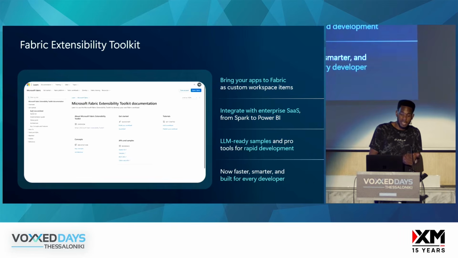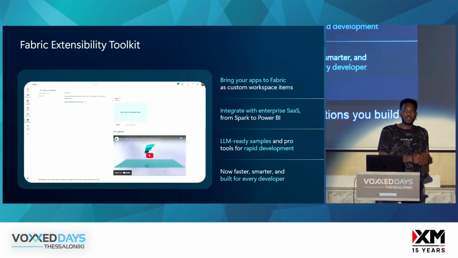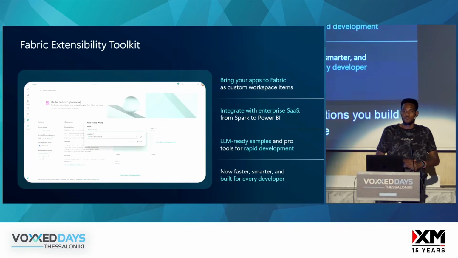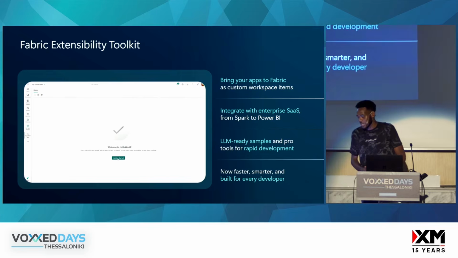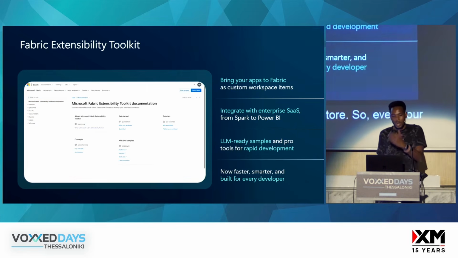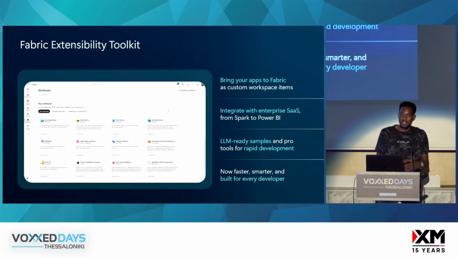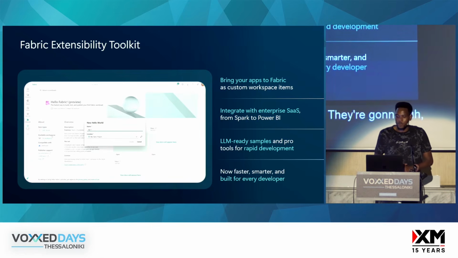And the applications you build using the Extensibility Toolkit have a deep integration with all the other tools and services inside of Microsoft Fabric. So if it's about storage, all workloads use OneLake as their native data store. So even your own custom applications that you build using the Extensibility Toolkit will have the ability to store and integrate directly with OneLake for storage.